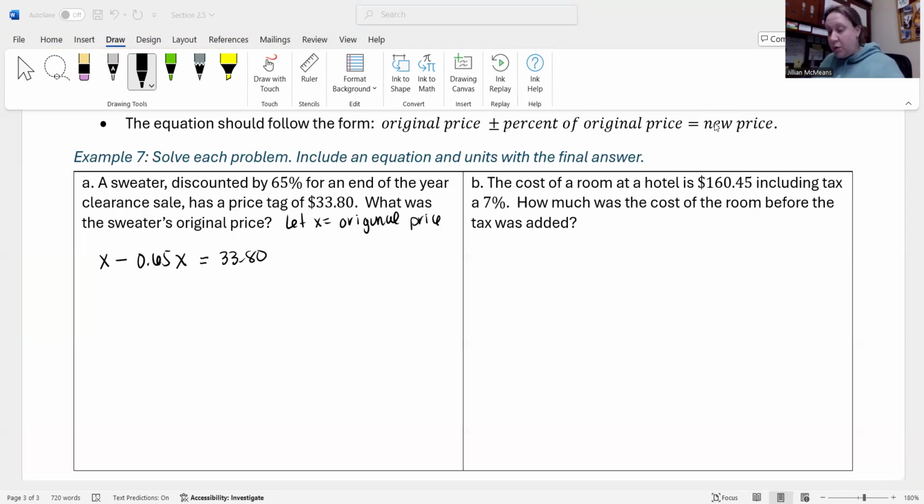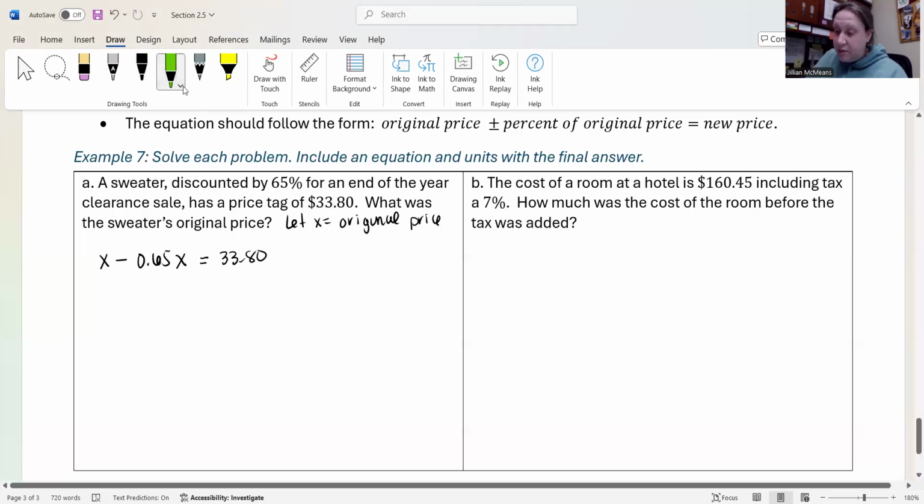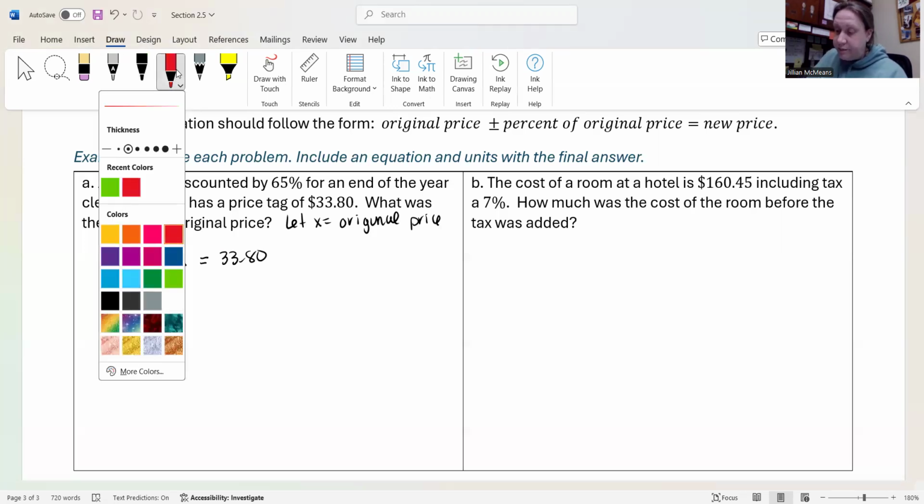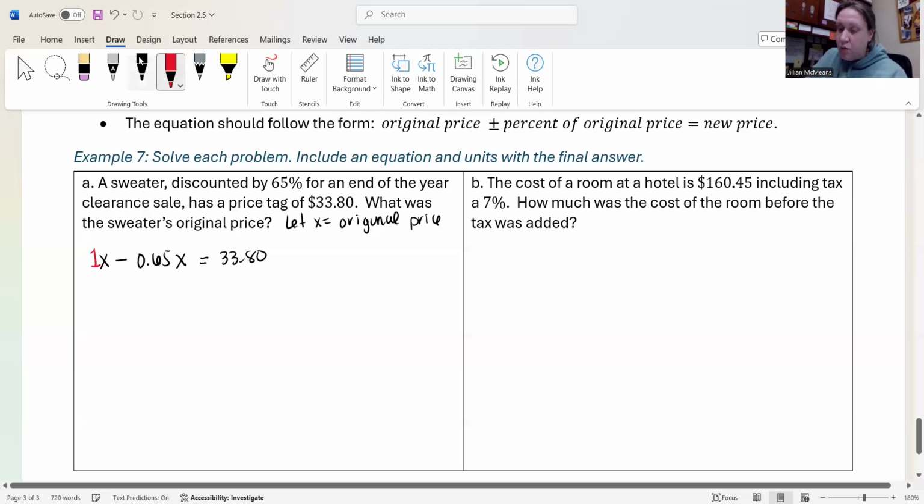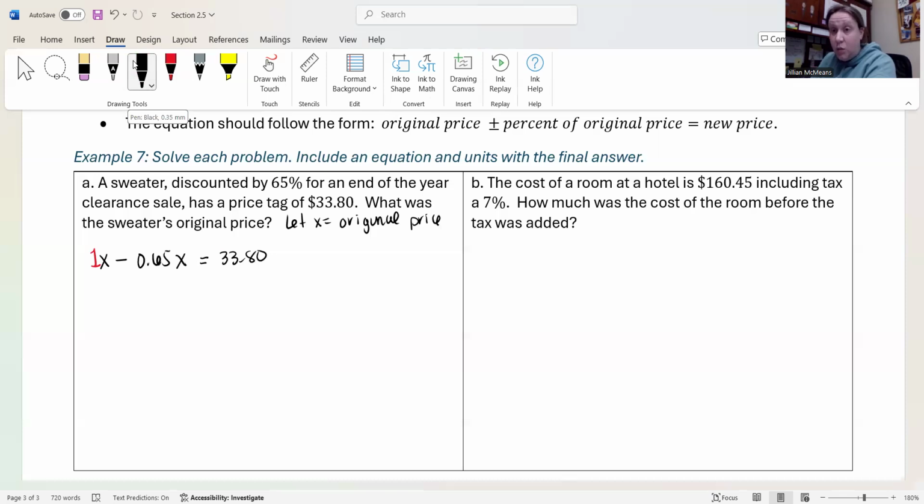So what we want to do is combine like terms. I have two terms on the left that both contain an x. Now, we don't generally write it, but remember, this is really just 1x. So what I need to do to combine like terms here is take 1 and subtract 0.65.